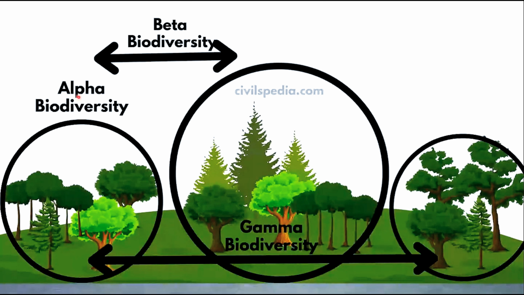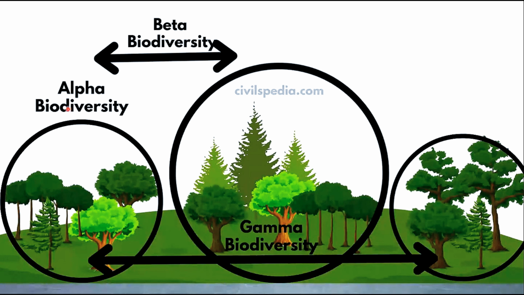So, if I look at butterflies of a given area, I can call that alpha diversity. And if I look at the butterfly species of this particular habitat and I compare the butterfly diversity of this habitat and maybe this habitat, or just we'll say these two habitats, we call this diversity beta diversity.